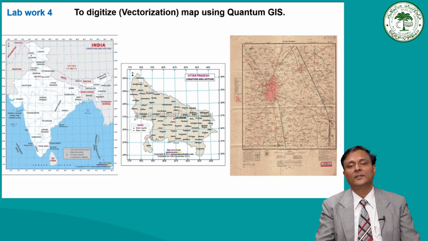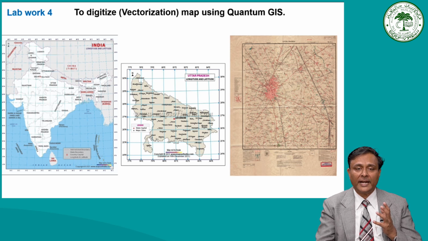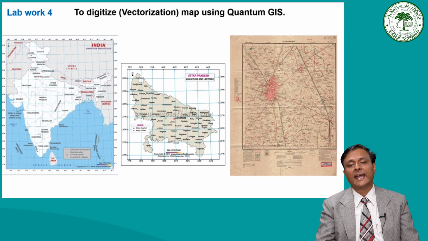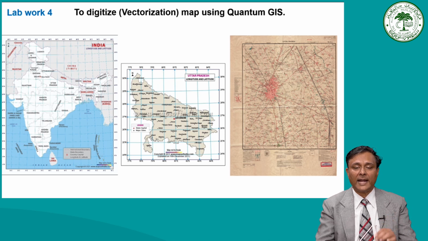The third step is to fill the spatial features with values. Values in the sense of what attribute information we can add to these spatial entities, point, line, polygon entities. We need to add the attribute information, the value information, with these entities.